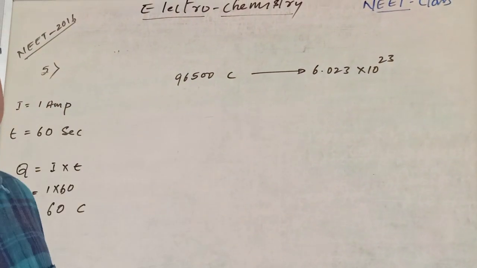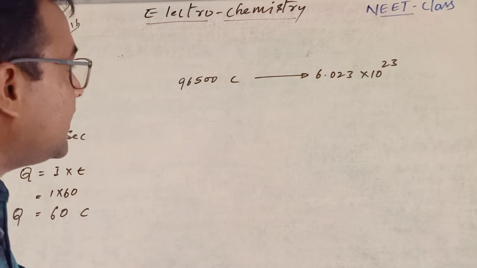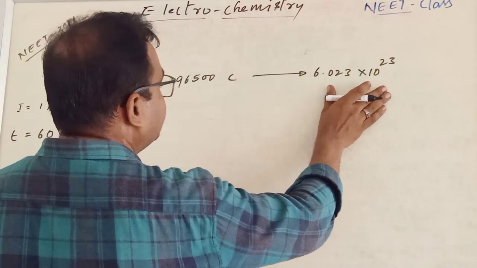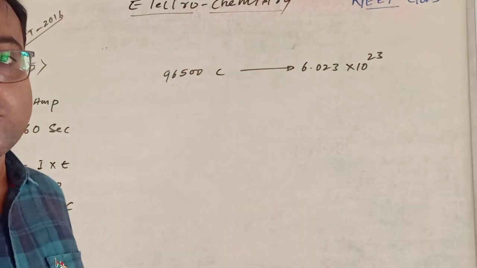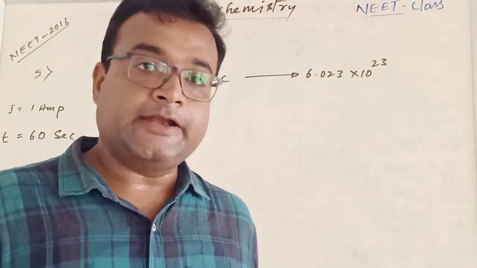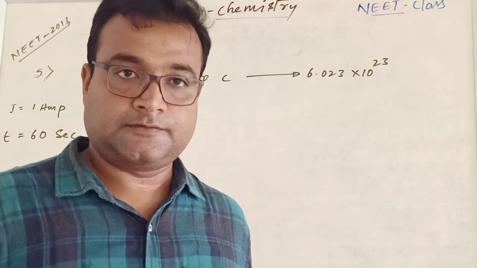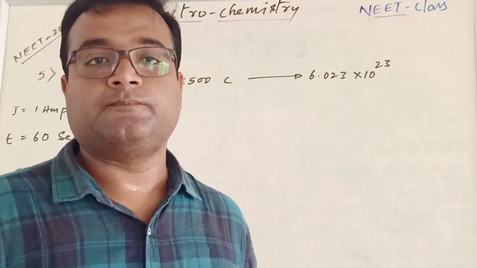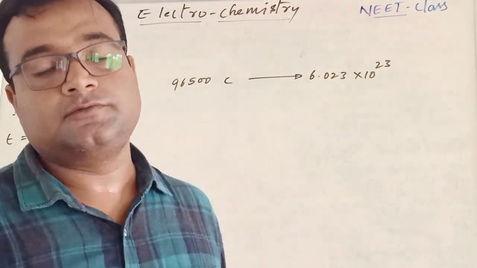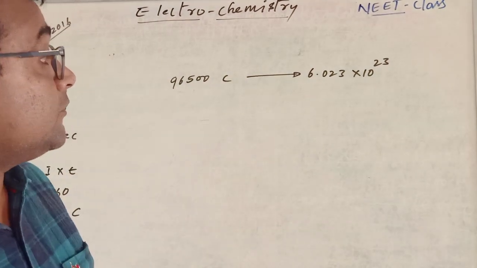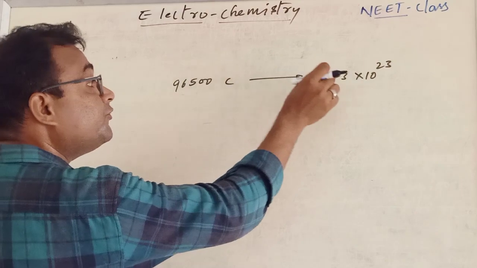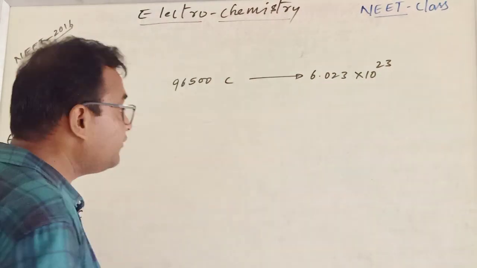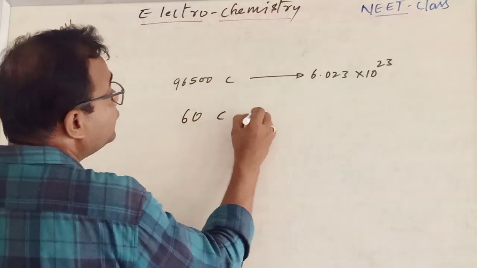The charge of an electron is 1.6 into 10 power minus 19 coulomb. When you multiply this, you will get this value. It means 96,500 coulombs of current is associated with Avogadro number of electrons, that is 6.023 into 10 power 23. When so many coulombs give you Avogadro number of electrons, then 60 coulombs give you what?